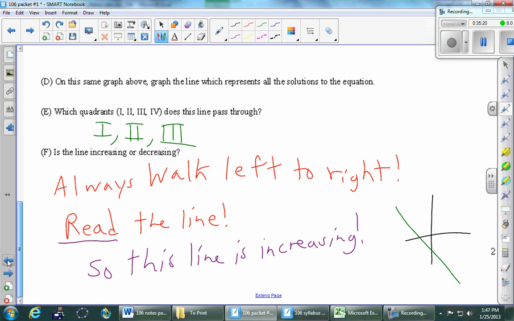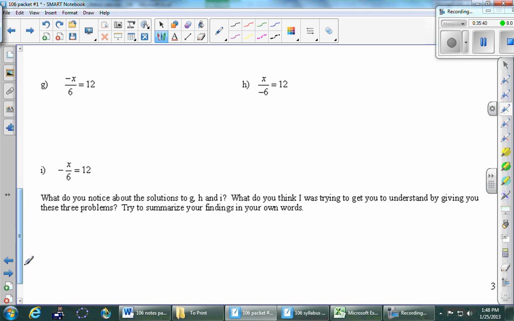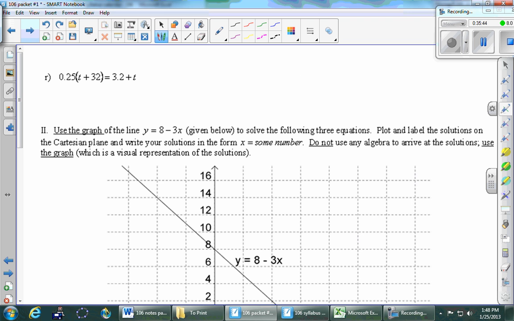Okay. All right, so after we do in class a bunch of stuff together like we have just done, you will oftentimes find this thing called a group activity. This is where for the rest of the period, we have about 22 minutes. You're gonna need all of it. This is a long group activity. You guys are gonna work with each other on this group activity. There are a whole bunch of problems to do here, and then a whole bunch of problems to do here, and it keeps going.